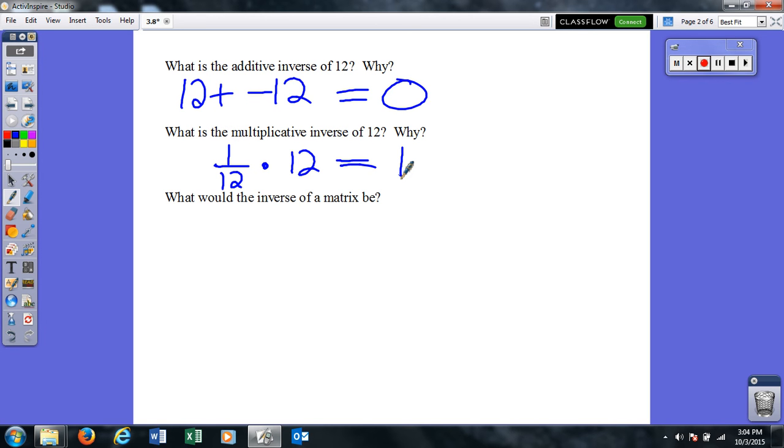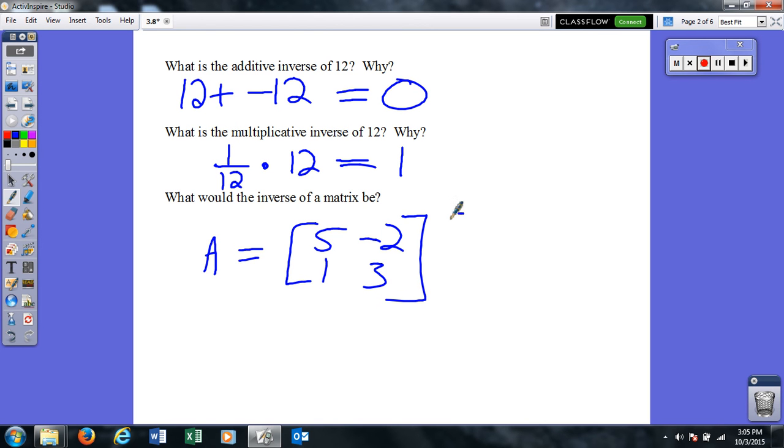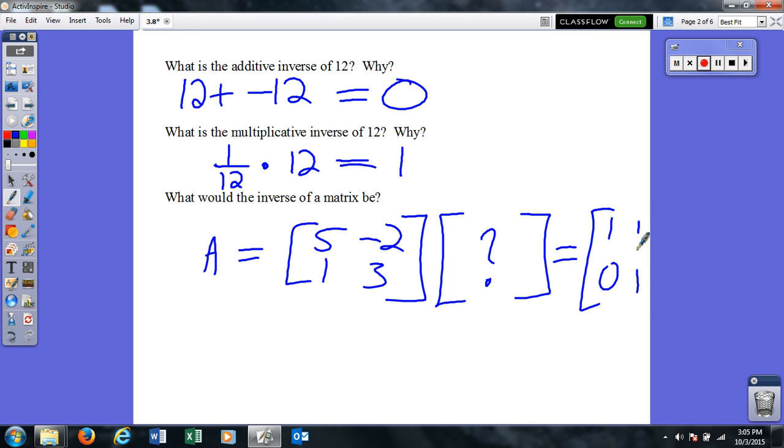The inverse of a matrix would be the matrix that you would have to multiply by. Say we take matrix A, maybe the same matrix that we had last time. I don't remember what all the exact numbers were, but say we take that matrix and multiply it by something, I'm just going to leave it blank, I don't know what that thing is, and we get the identity matrix.